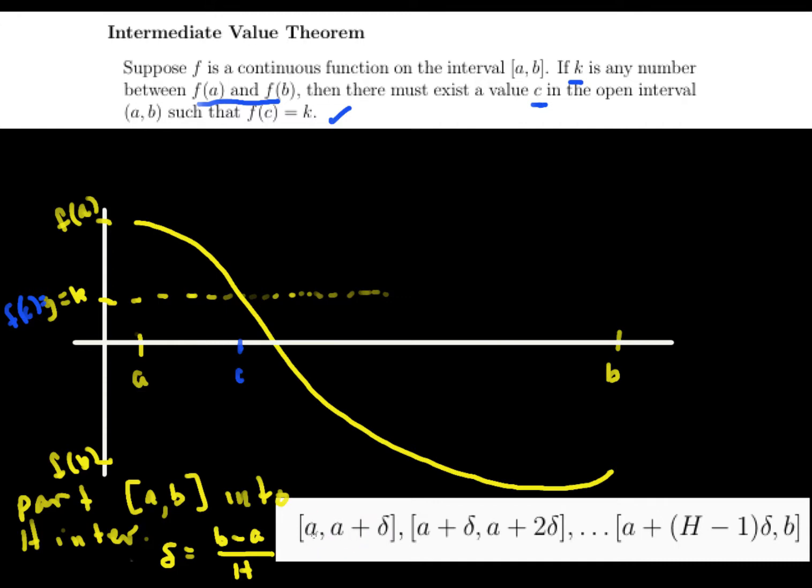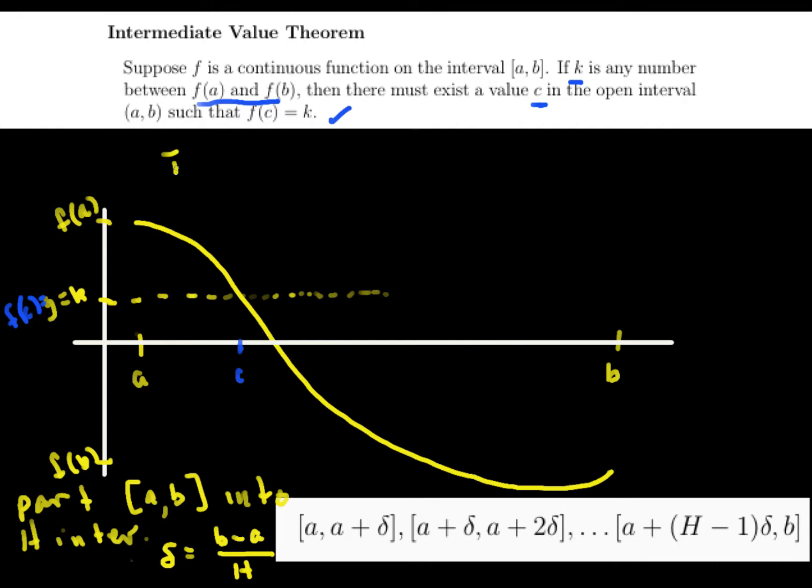Let's just test, is the function less than k here, yes or no? Go to the next interval. Is it less than k, yes or no? Eventually, because I know all the way at the end point, I'm going to have a value f of b that's less than k. So somewhere in this process, there must be an m.